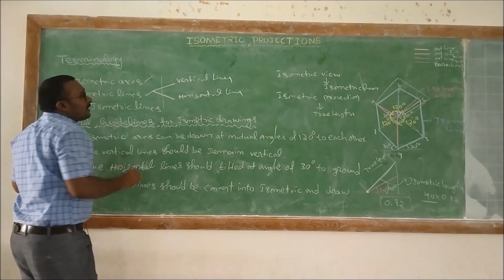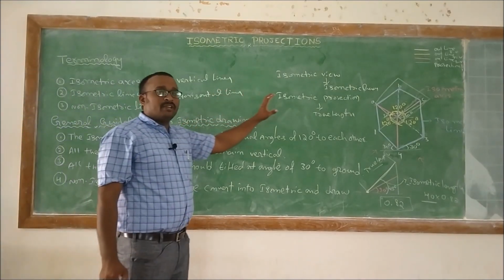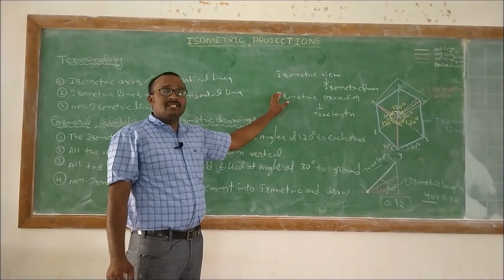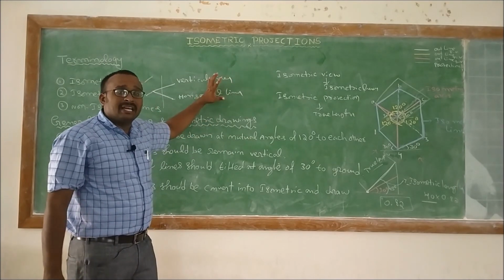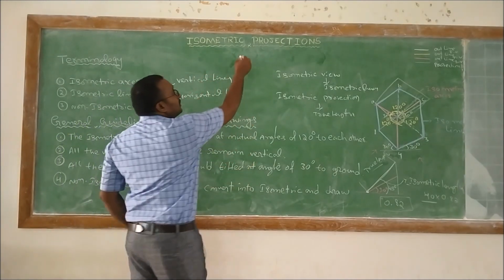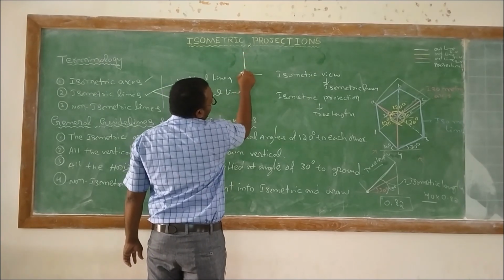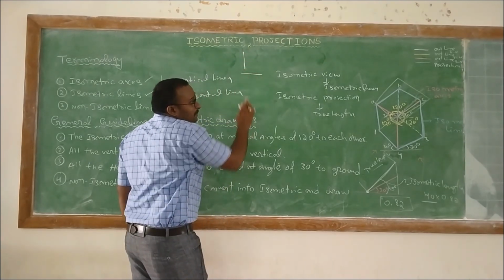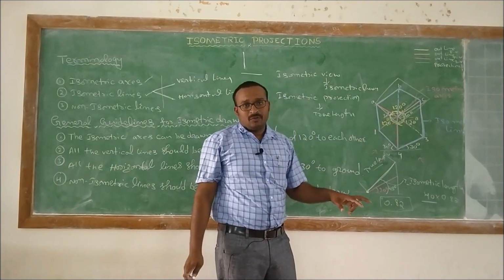So the vertical lines and the horizontal lines that are available in the orthographic view are known as isometric lines. Vertical and horizontal lines will be parallel to the isometric axes.